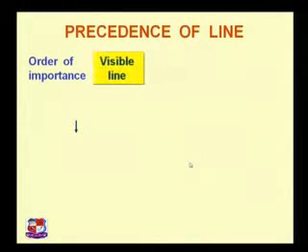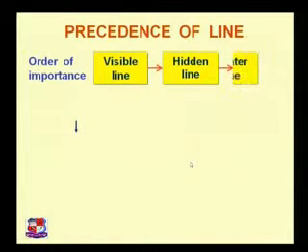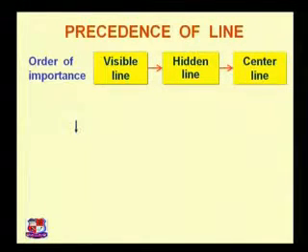Now, precedence of lines. Which line should be drawn first when we observe three lines at one place? In order of importance, we should always draw the visible line first, hidden lines second, and center line third.